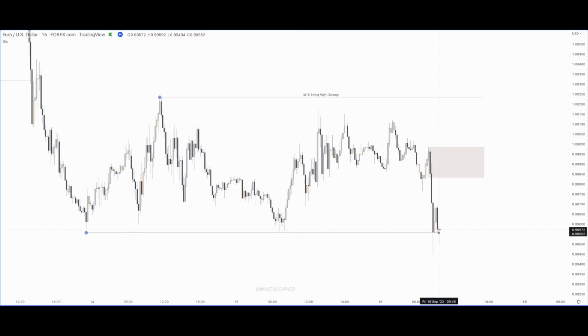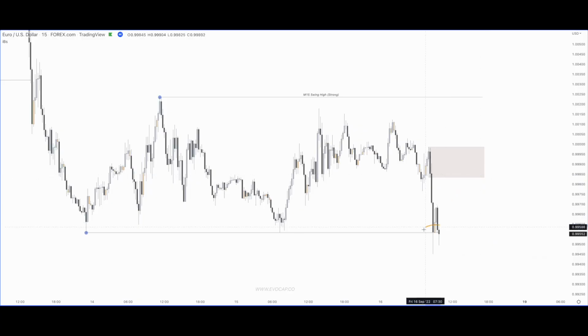Or of course you can wait for price to mitigate this supply range, jump into the 1 minute, and then wait for the 1 minute time frame to shift bearish, right? And then of course you can use the 1 minute just for that added accuracy and timing, and of course increase your risk to reward.